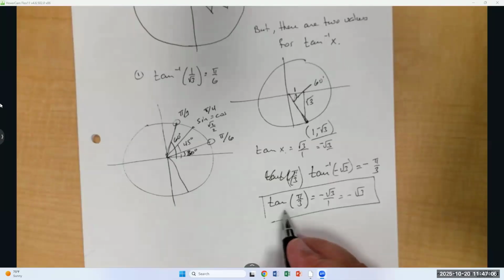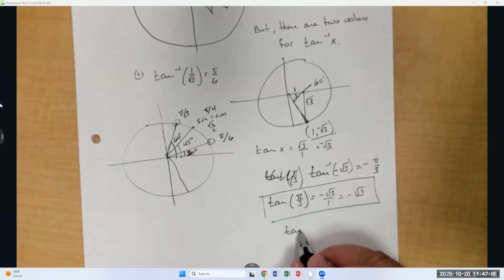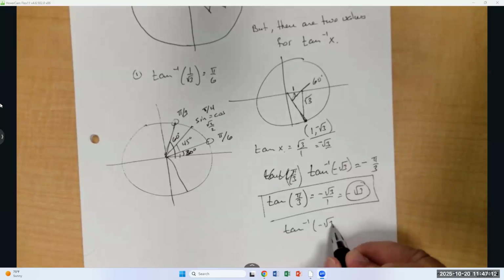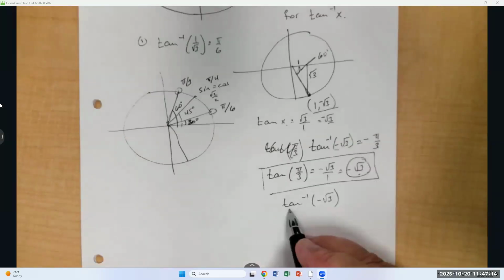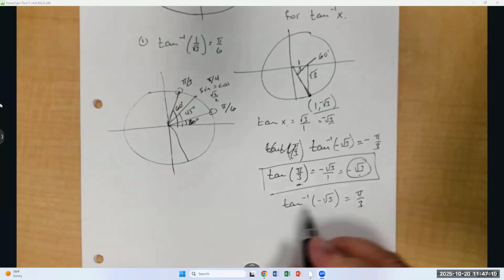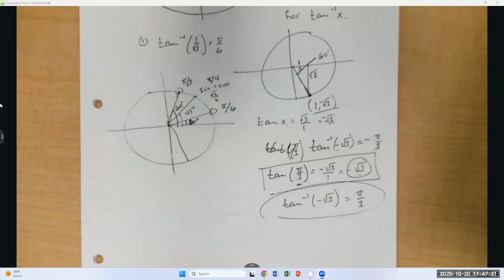So now that we have the trig function, we can look at the inverse function. So we'll take the negative of the answer, put it in the inverse function, and that'll give you the angle that it came from. So in other words, what this says is there are always two answers for any trig function because of the periodicity.